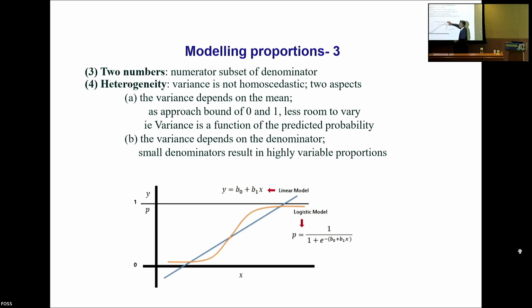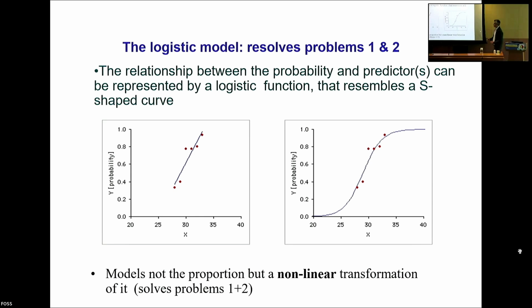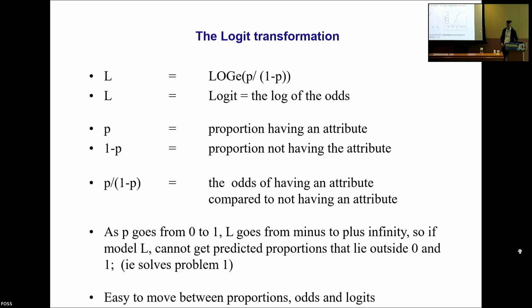So the variance really depends on the denominator. It's really good to model, instead of the 0 and 1, the proportion or the logits. So this is an example of the logit function, which gives us this sigmoid curve.